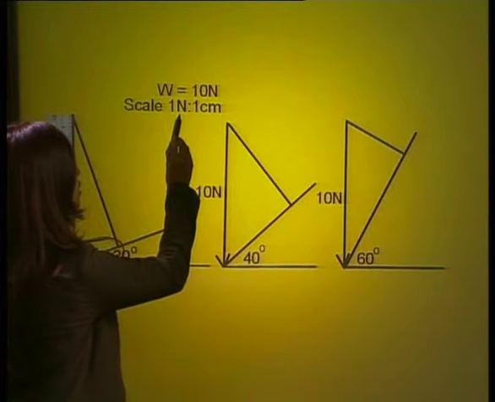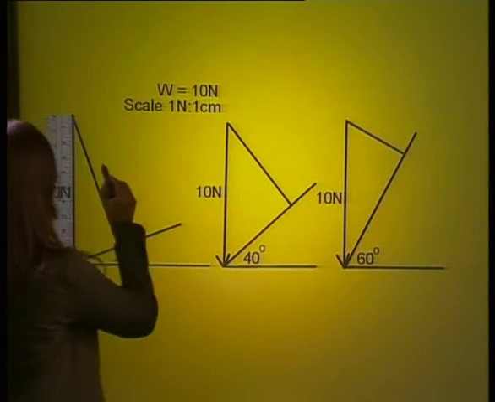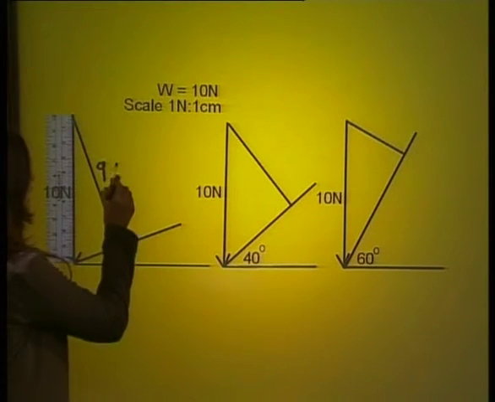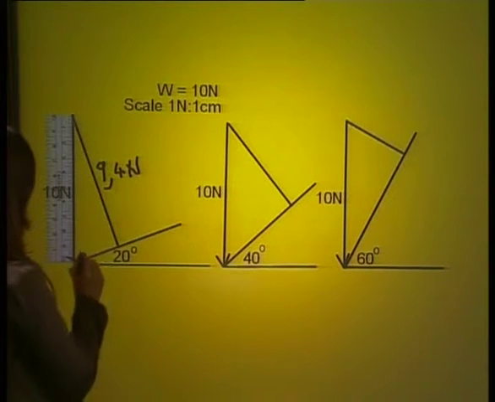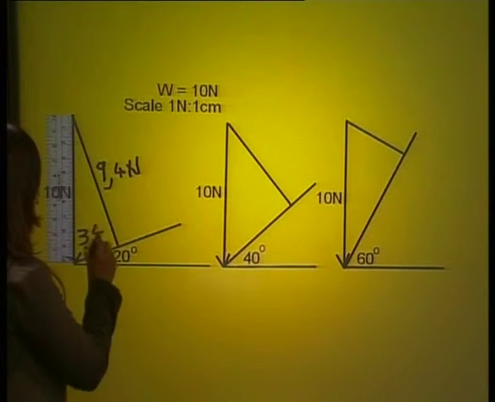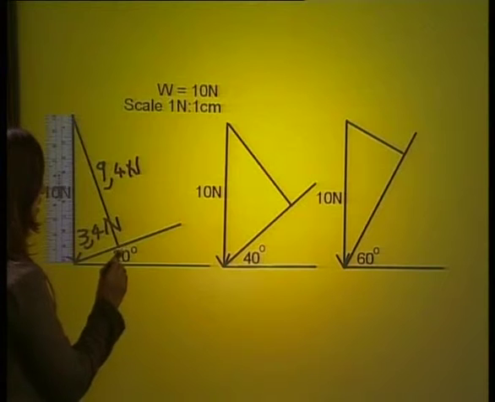I have drawn the triangle of forces at different inclinations. In these diagrams, the weight is equal to 10 newtons, and I have drawn a line of 10 centimeters acting downwards. Using the scale 1 Newton represents 1 centimeter, we find that the normal force is 9,4 newtons and the frictional force is 3,4 newtons when theta is 20 degrees.